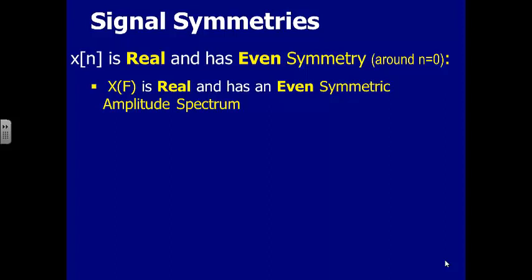It has even symmetry in the amplitude spectrum, the amplitude spectrum being if you literally plotted X of f versus frequency, not its magnitude, but the function itself. That means its magnitude spectrum has to be even symmetric, obviously.